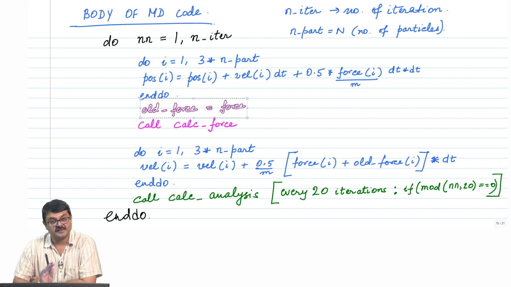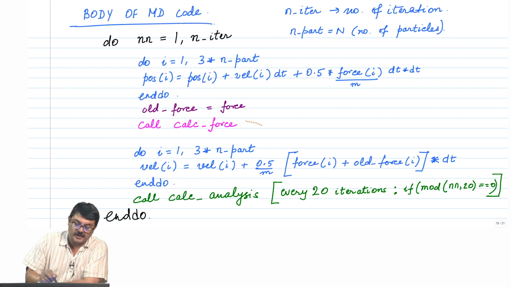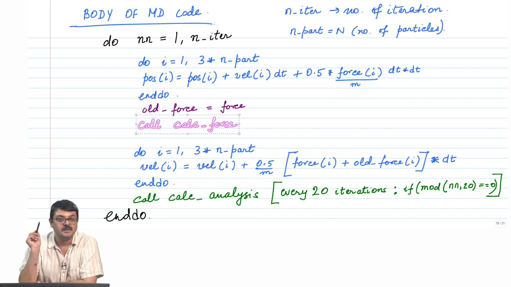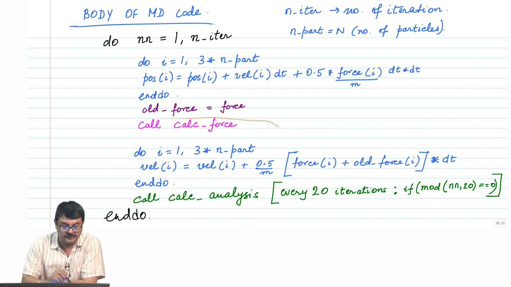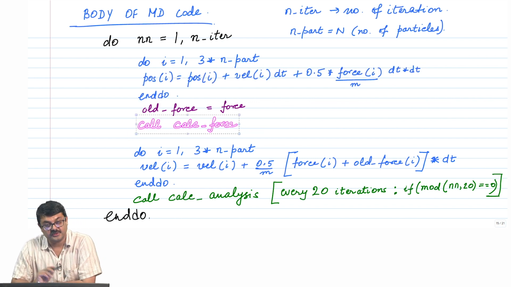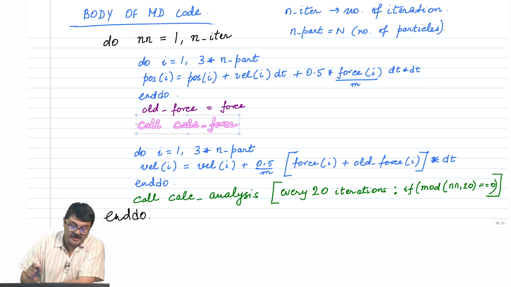Now that the older values of the force have been saved, you calculate the new values of the force, which will use this updated position. So, you have to call calc force, and of course, we are going to discuss this in greater detail, and we have already discussed a bit.